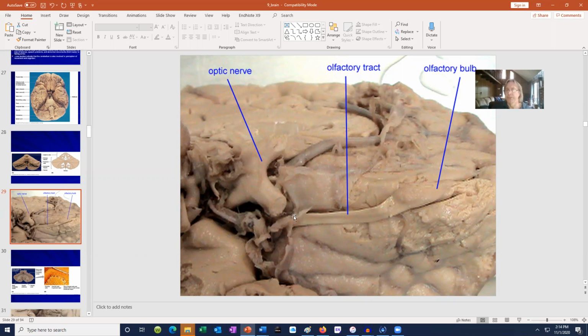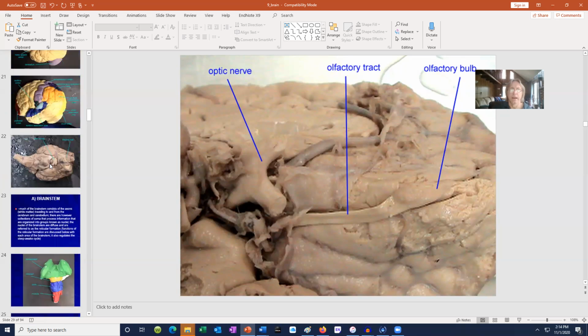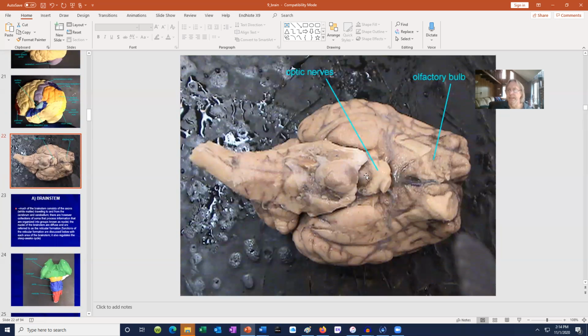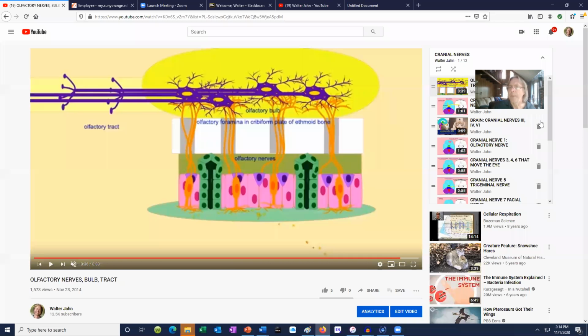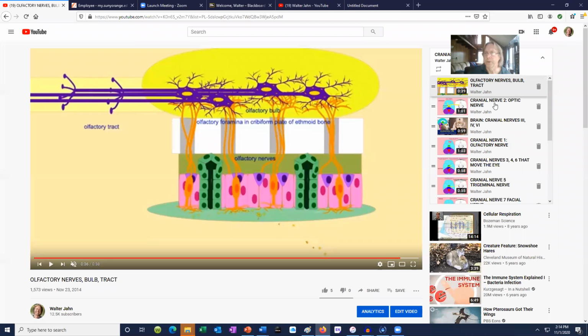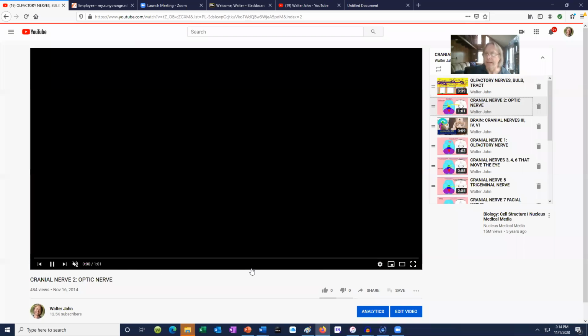Also in the same general region, you would get this crisscrossing of the optic nerves known as the optic chiasma. You can see there in the human brain, and here you can see in the sheep brain. Now, these cranial nerves are important, so important that students often have to memorize them.